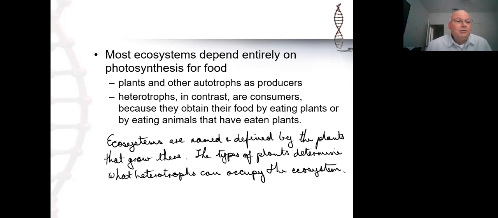Any ecosystem that you might want to name, it's all about the plants. From that point onwards, then, what determines the rest of the ecosystem is the heterotrophs that are able to utilize the plants that are growing there. So they are at the heart, they are at the base of every ecosystem, and they serve to define that ecosystem.